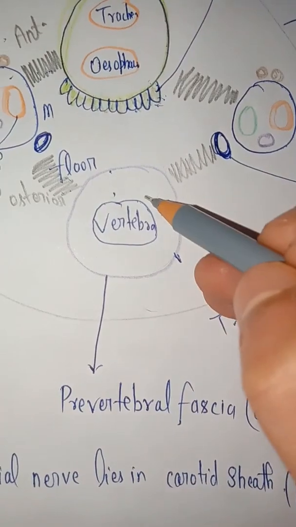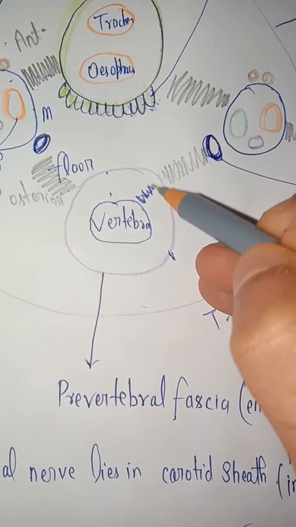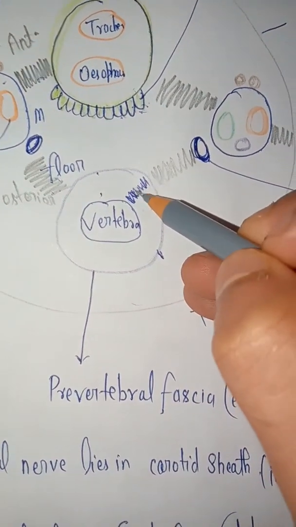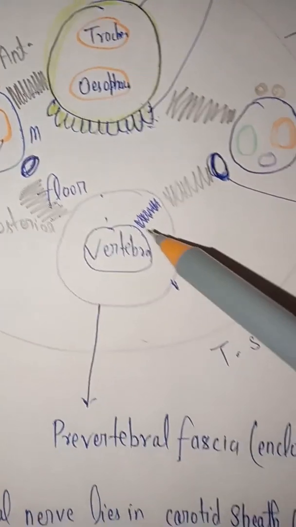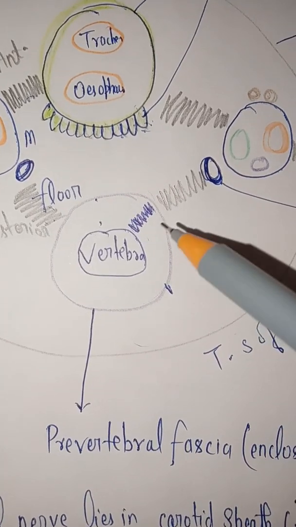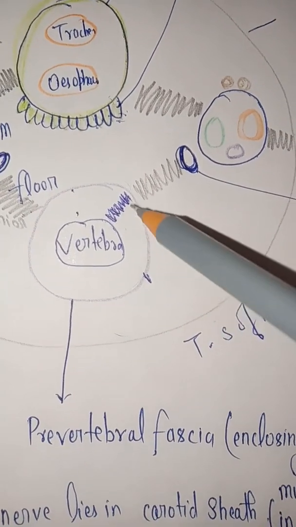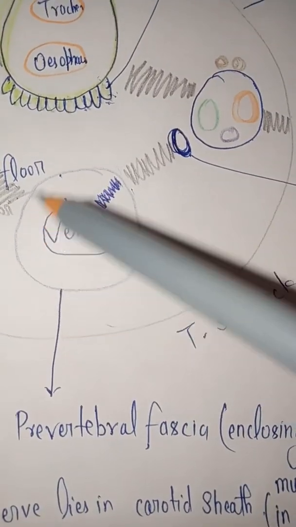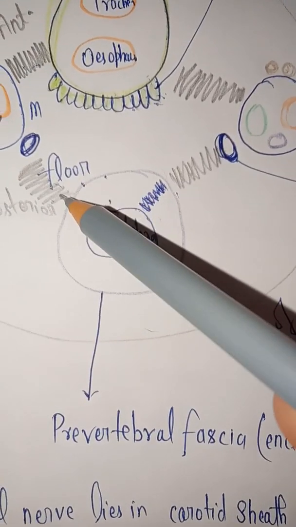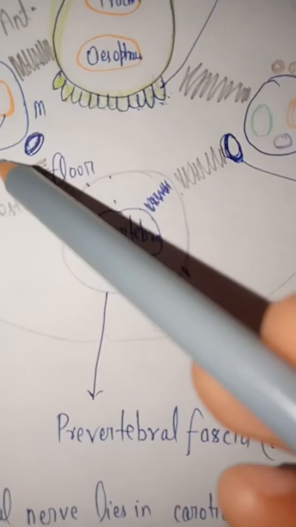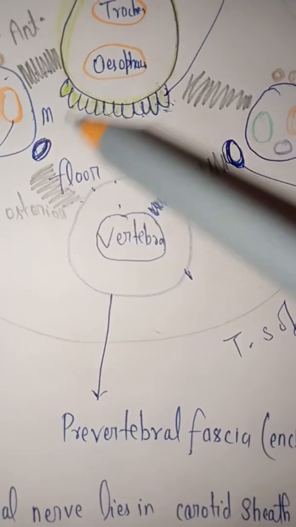These are the paravertebral muscles, like different muscles such as spinalis and semispinalis. These muscles are all surrounded by the prevertebral fascia. This extension of the prevertebral fascia covers the carotid sheath posteriorly.